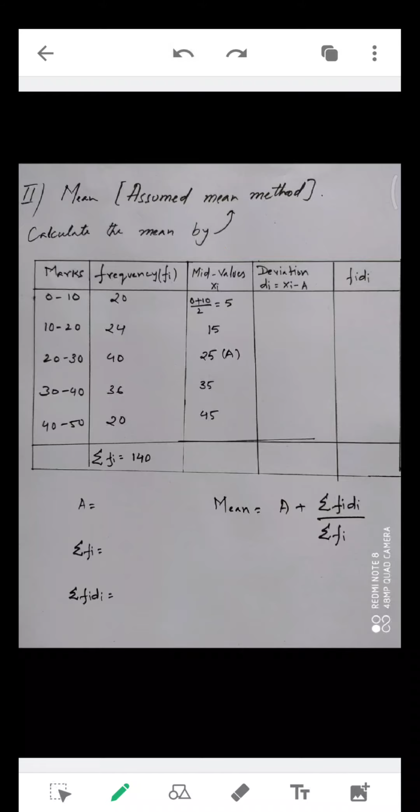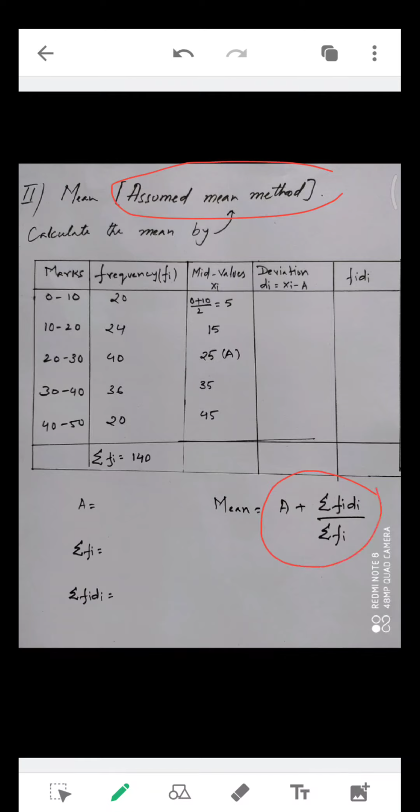The formula for finding the mean by the assumed mean method is a plus sigma fi di by sigma fi, whereas in our previous method the formula was sigma fi xi by sigma fi.